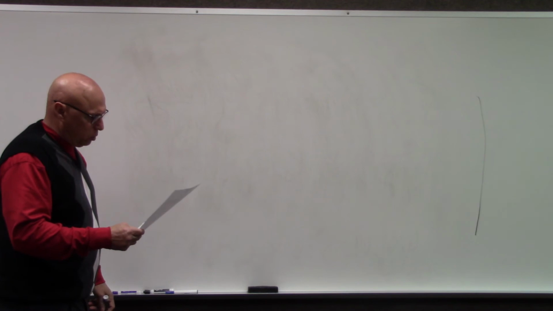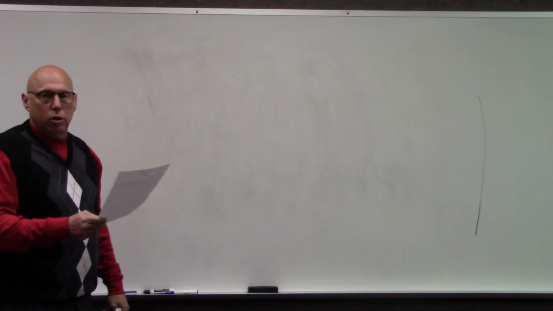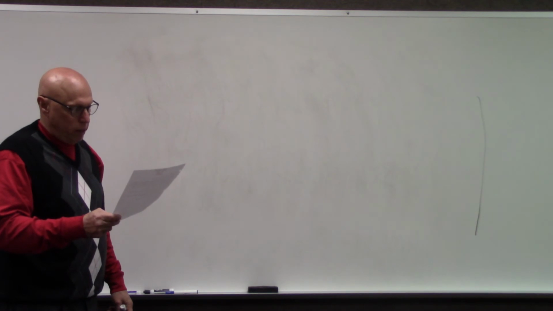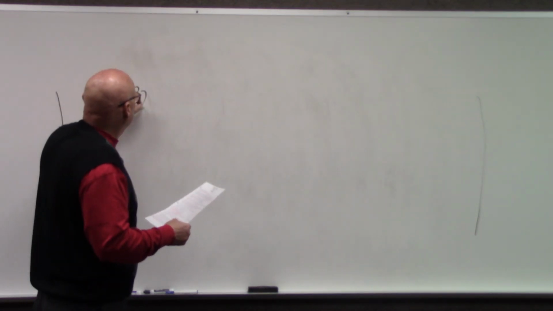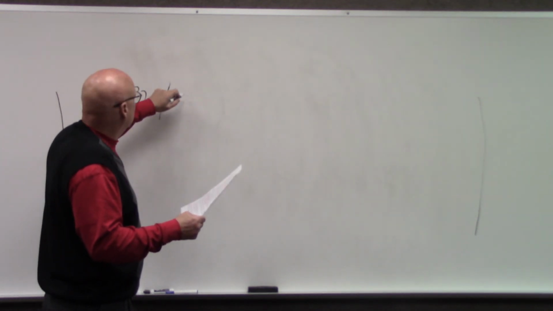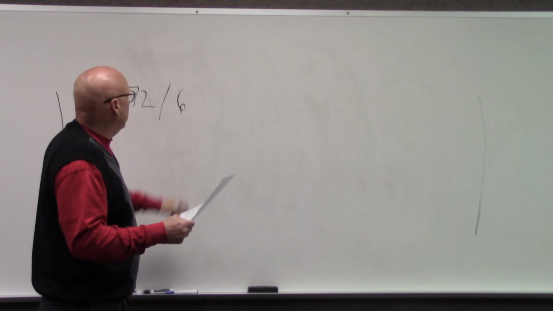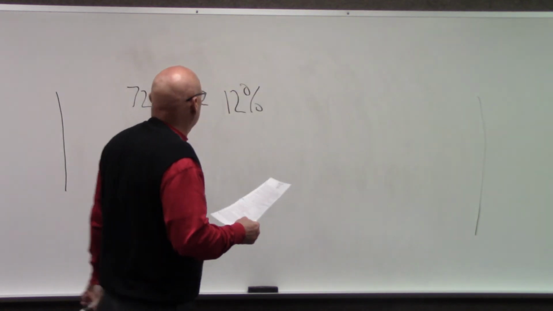An investment doubles in 6 years. Using the rule of 72, what is the rate of return? So we take 72 in the numerator, divide it by 6, the number of years, in the denominator, and we get a rate of return of 12%.